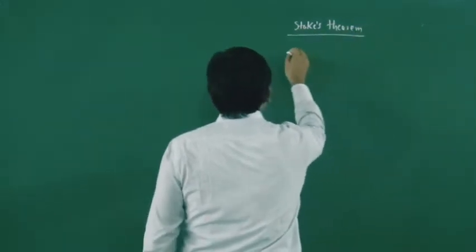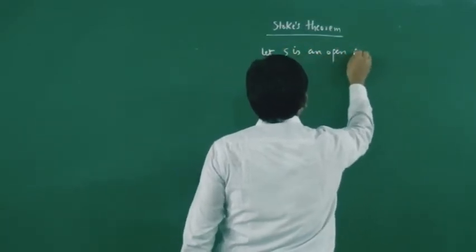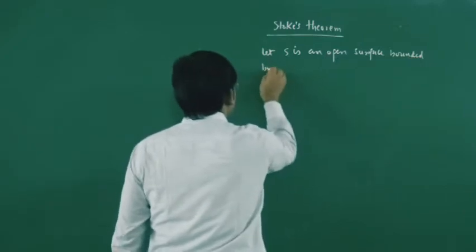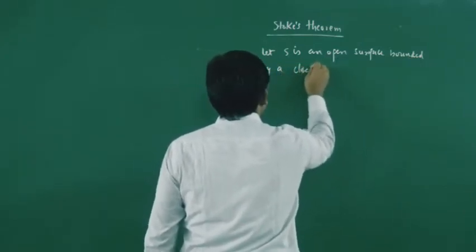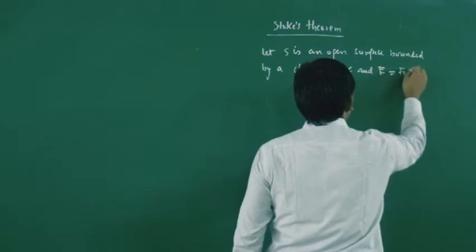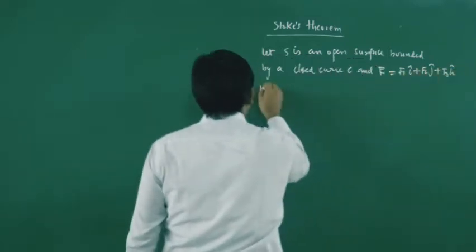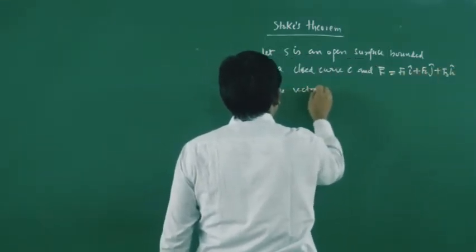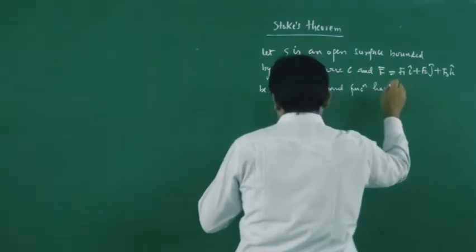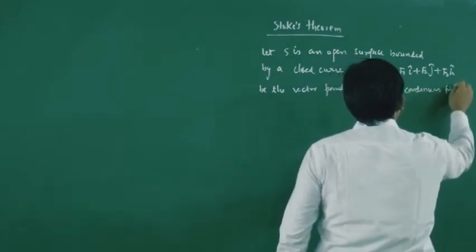The statement is: let S be an open surface bounded by a closed curve C, and suppose that F is a vector point function having first order partial derivatives.